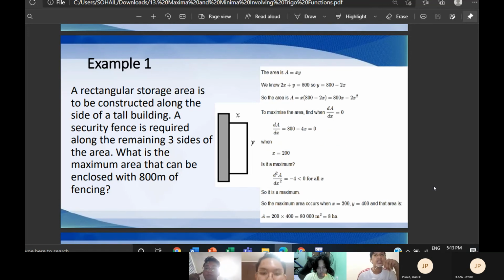So sabi may co-construct na rectangular shape. Ngayon yung given ni Miss is top view. So ito, nakikita niyo diyan rectangular shape talaga siya. Yung X maliit kaysa dun sa Y dahil yun yung rectangle.